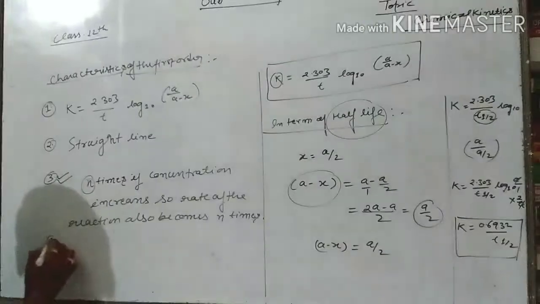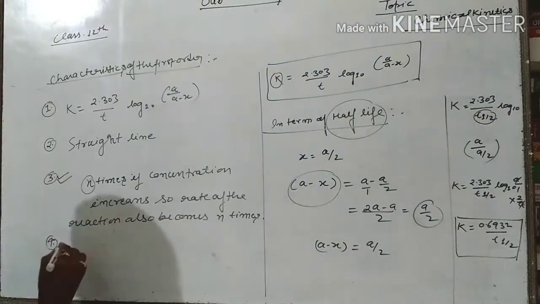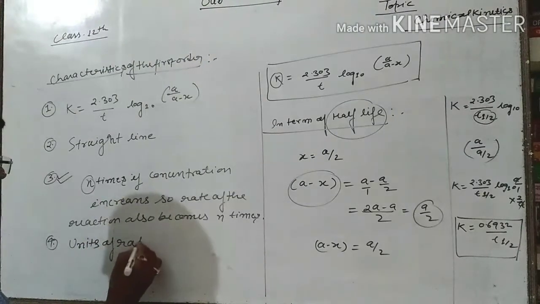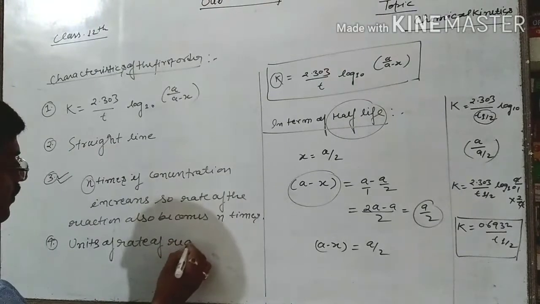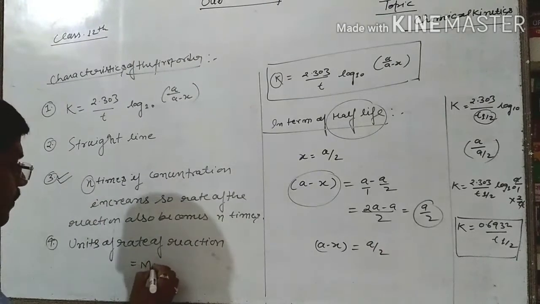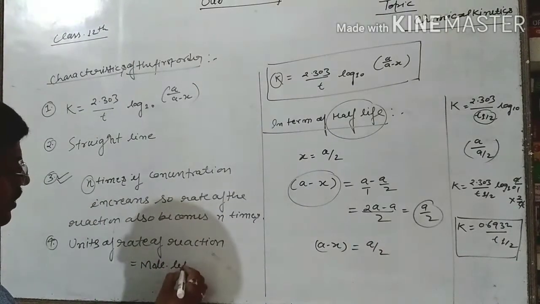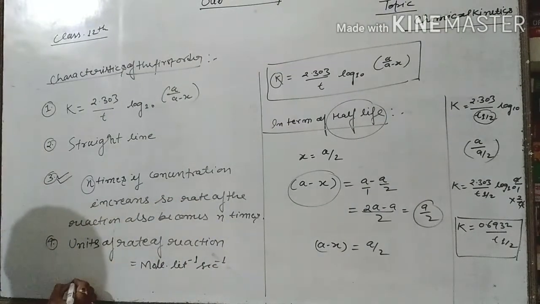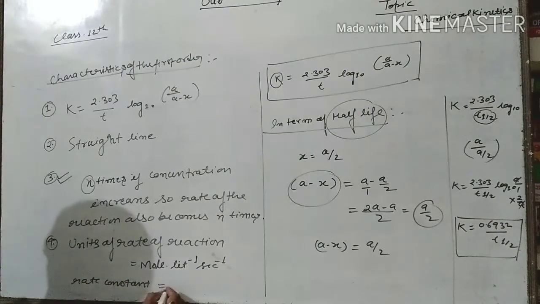After that, fourth one, units of the rate of reaction. By the formula, you will get mole liter inverse second inverse, but for the rate constant it will give second inverse.